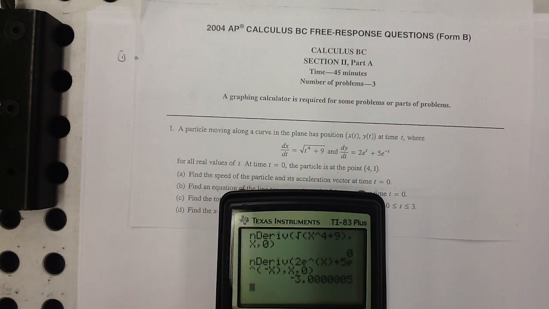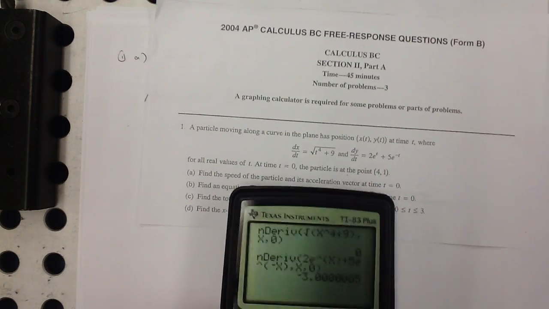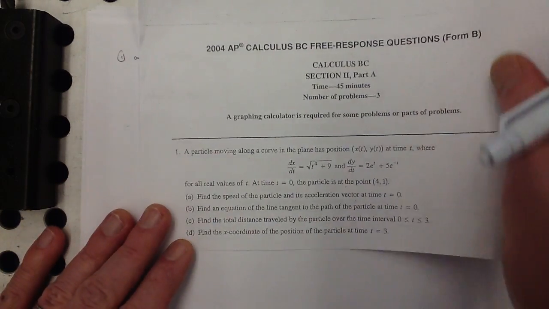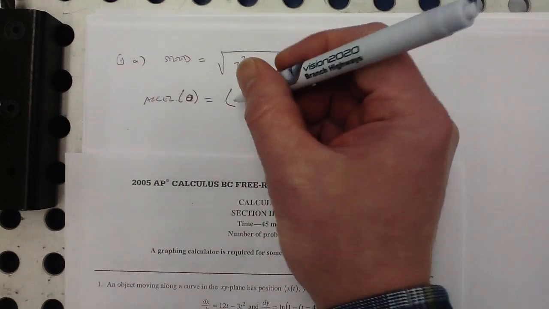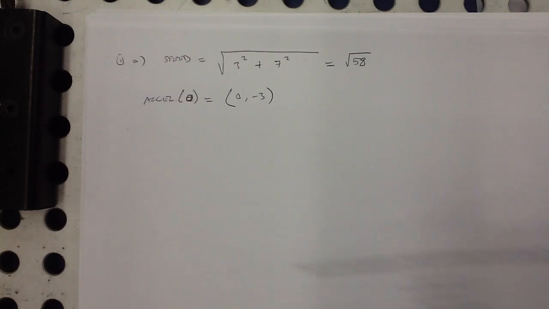And that's negative 3. This is calculator error here; it's actually exactly negative 3. So the acceleration vector is (0, -3). You could have found that without your calculator, easy enough.